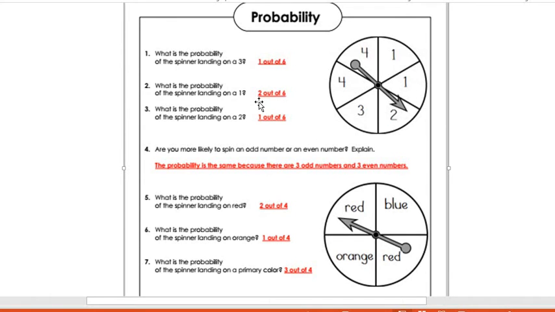So it will be 2 out of 6, right? 2 over 6, and I can then simplify it to be 1 over 3. Muhammad Rifat, yeah. What's the probability of the spinner landing on a 2? Here I have how many parts of 2? Just 1 part. So the answer will be 1 out of the total 6.